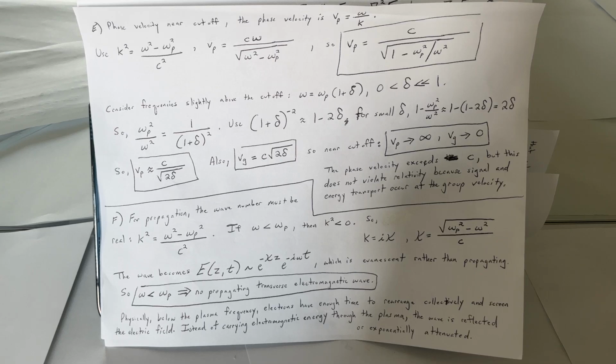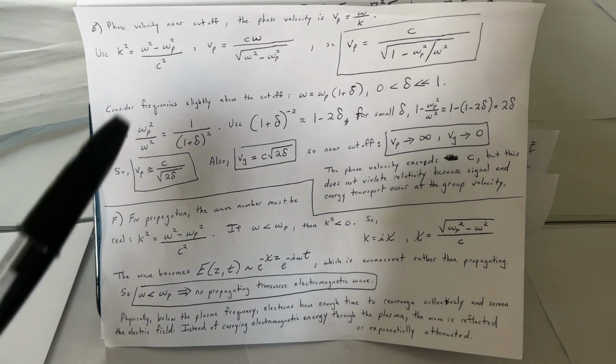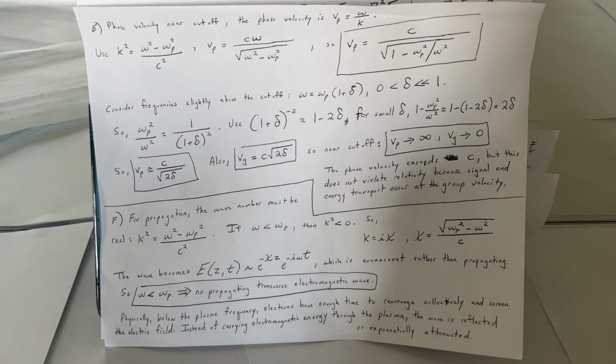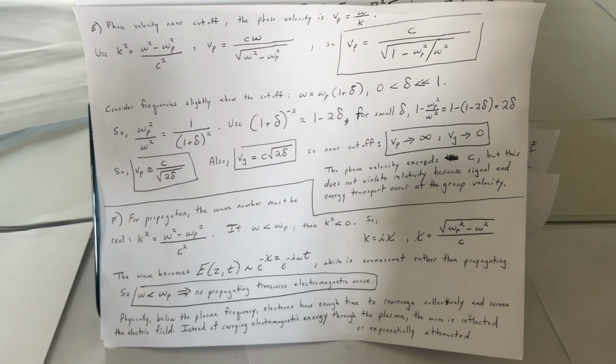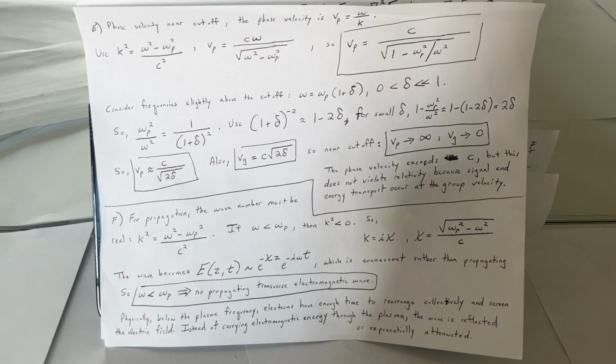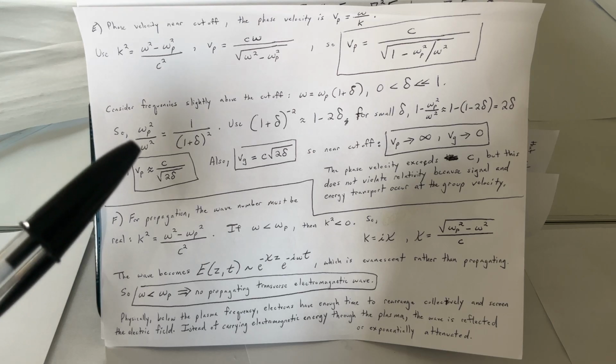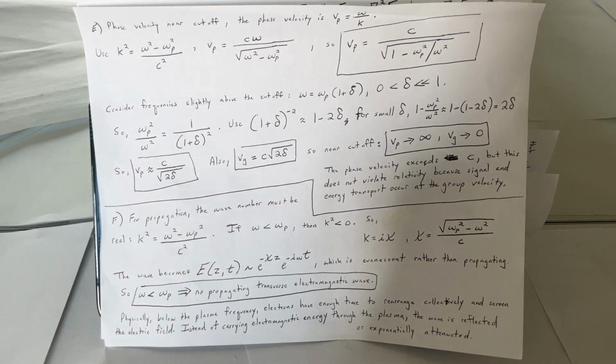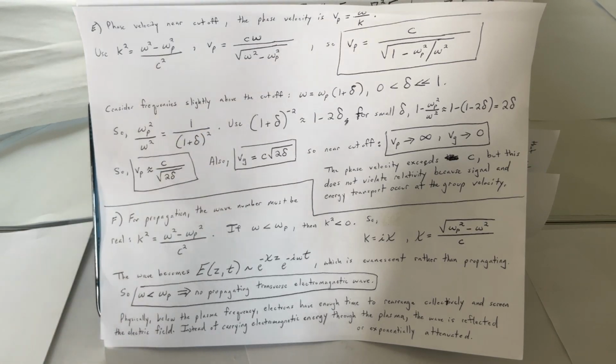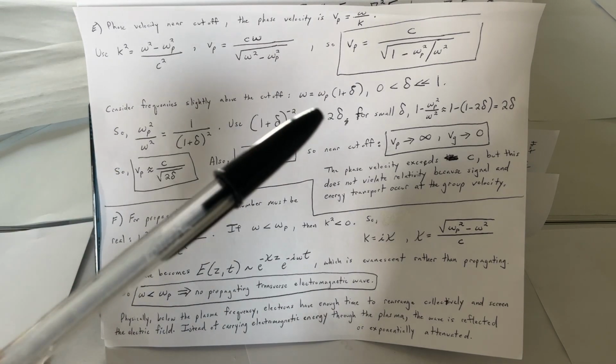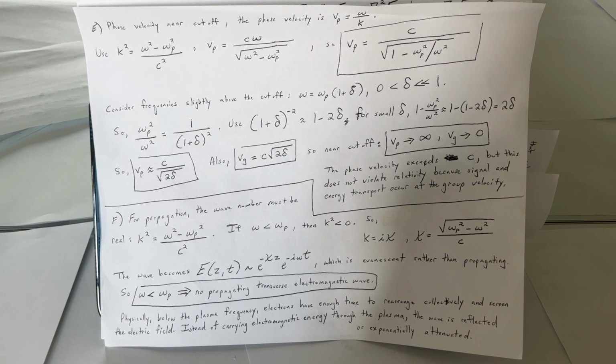Okay, so now if we consider the frequency slightly above the cutoff, omega equals omega sub P times the quantity 1 plus delta, for 0 is less than delta is much less than 1. So omega sub P squared over omega squared is 1 over quantity 1 plus delta squared. So 1 plus delta to the negative 2 is approximately 1 minus 2 delta, for small delta.